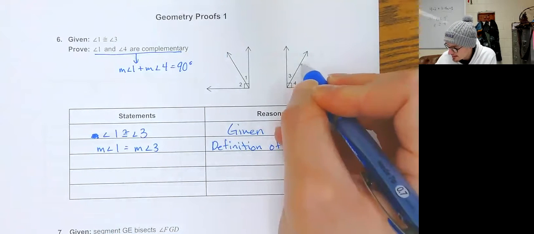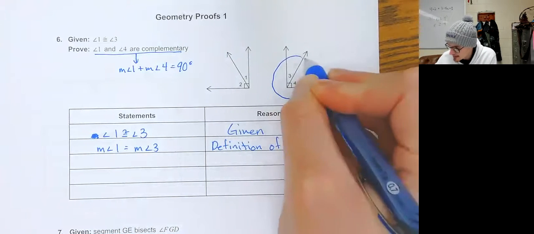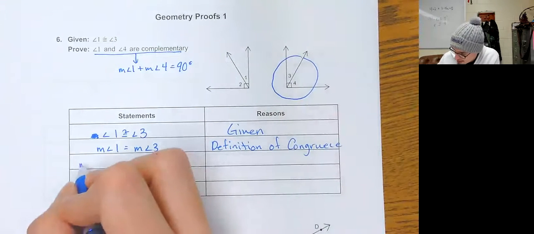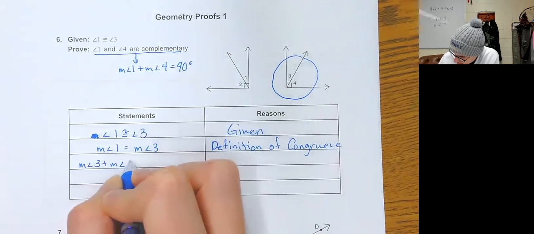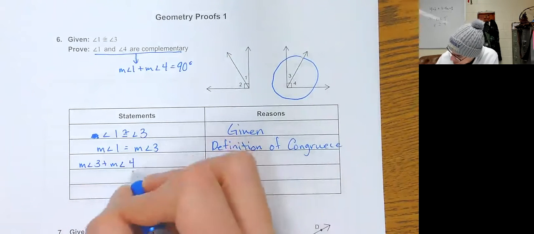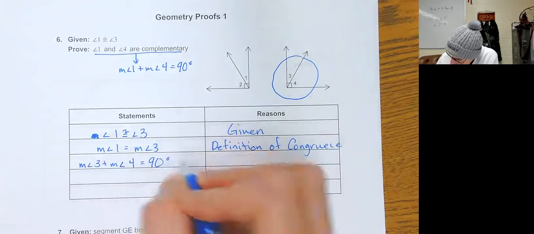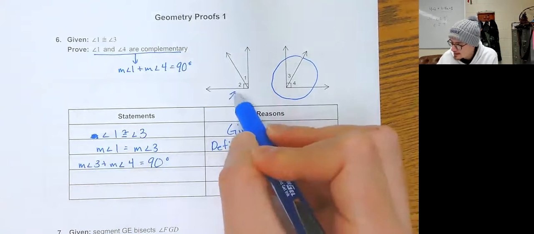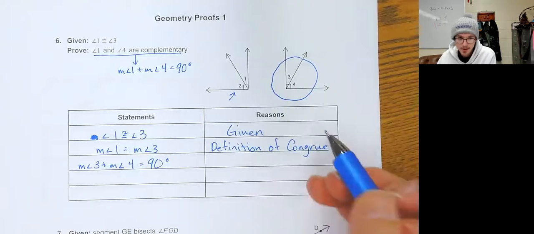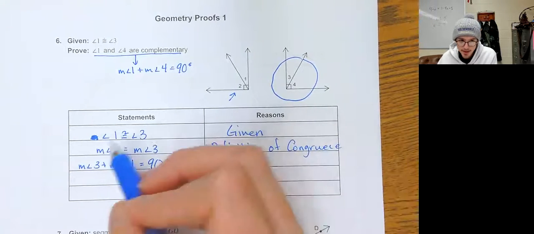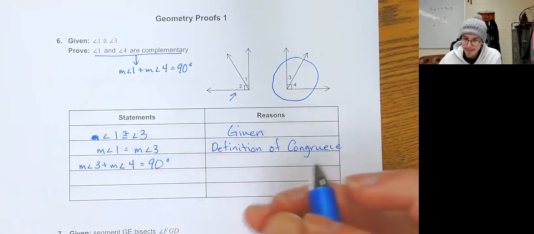I'm going to say that the measure of angle 3 plus the measure of angle 4 equals 90 degrees. I don't actually need to mention the other piece at all. You can, but you don't have to. So I am going to mention this bit right here.